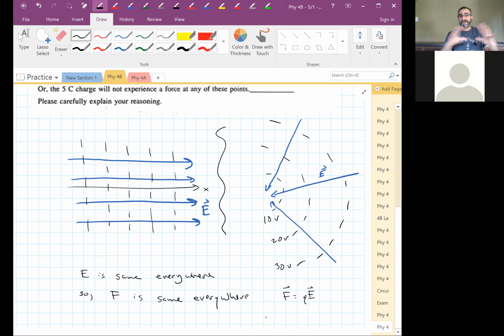There's an electric field that exists in this region of space, and we're taking a charge and we're putting it here and saying, what's the force on it? And then we're moving that charge over here, we're saying, what's the force on it? And then we're moving it over here, we're saying, what's the force on it? Due to the field that already existed in that region of space.